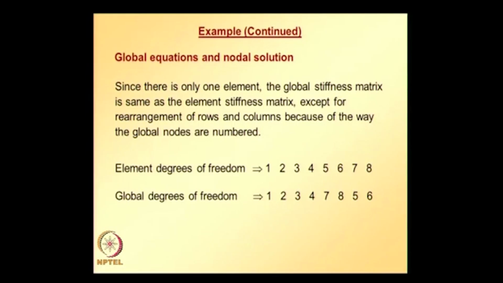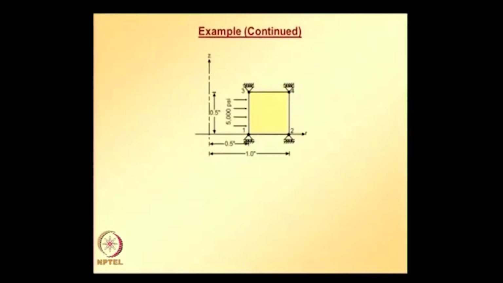So, with this understanding we need to rearrange the rows and columns, and then we need to impose essential boundary conditions. The essential boundary conditions are that the displacement components at all the 4 nodes in the axial direction are 0. So, V1, V2, V3, V4 are 0.